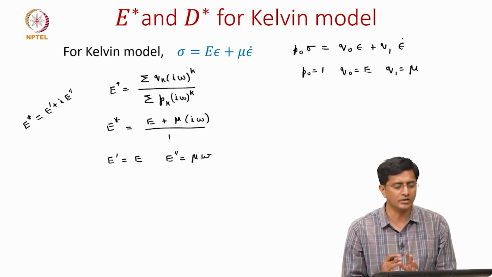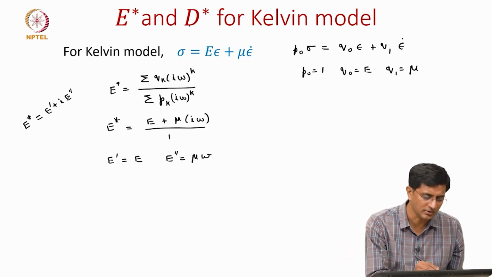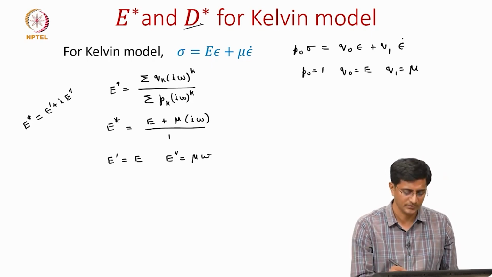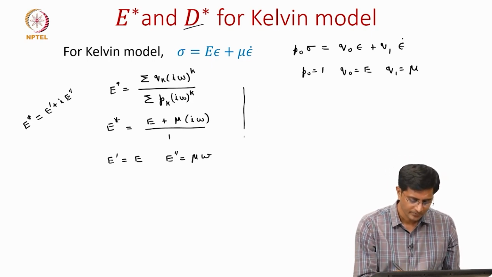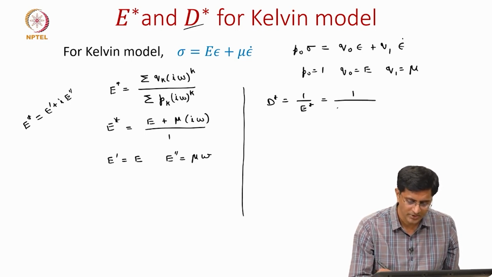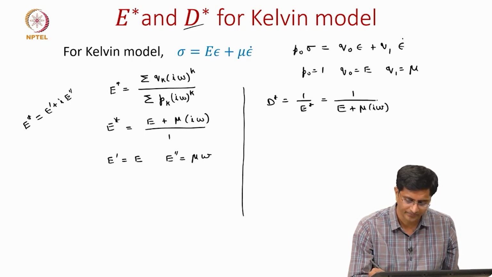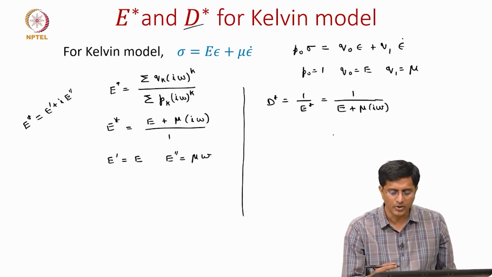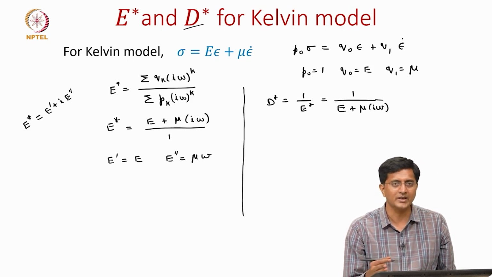Now, let us see how we can calculate the D star, which is the complex compliance. So, D star is simply 1 by E star, which is here as E plus mu times I omega. So, now I should be able to separate the real and imaginary terms.